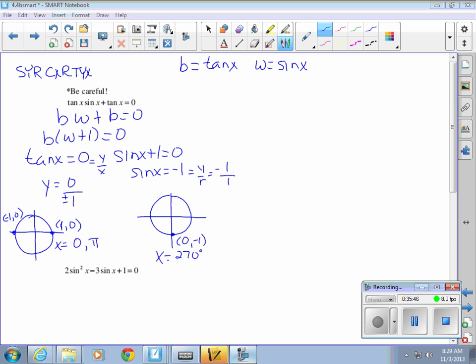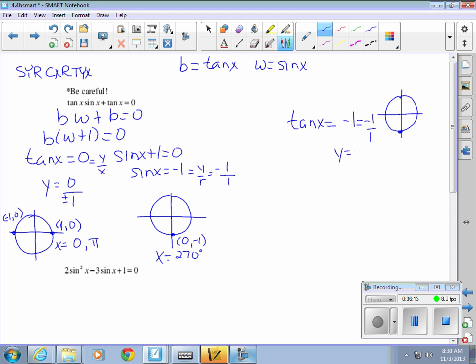But if I try to substitute this into the tangent, so if I'm saying tangent of x is equal to that 270, tangent is equal to, well, I want it to be negative 1, that means using SOH-CAH-TOA, this has to be negative 1 over 1 to get that answer.